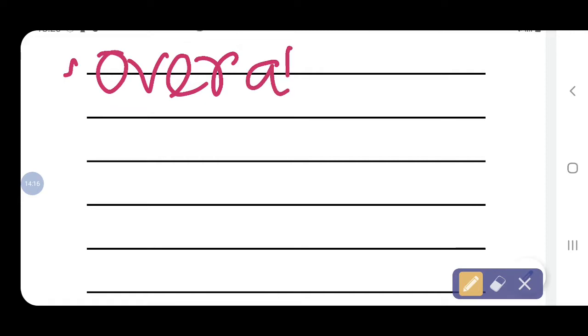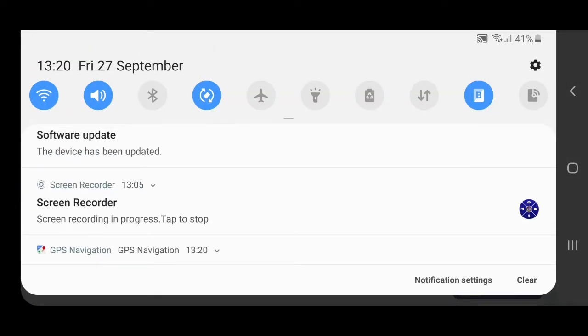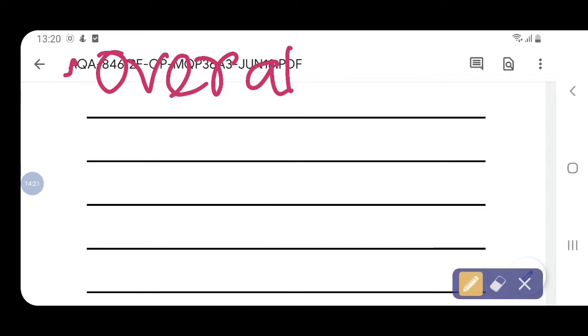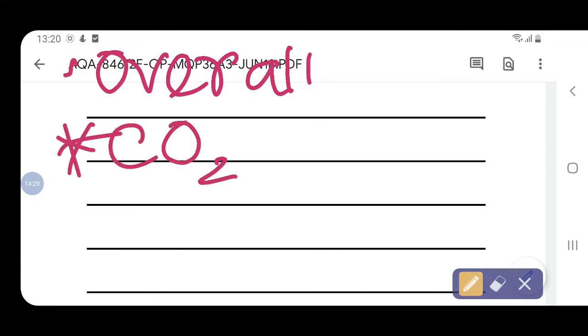So if we write here for the theory, you can write overall increased temperature. And another thing you can write is carbon dioxide, CO2, traps radiation and heat.